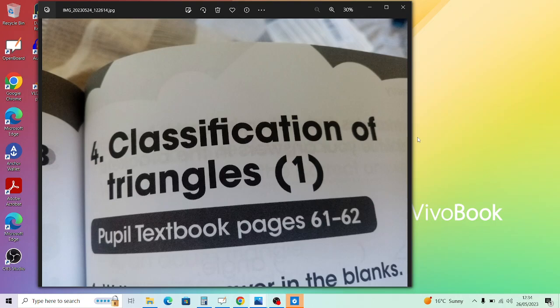And question 3: each of these triangles has one or more angles covered by a rectangular card. Make a choice, write the letter of the correct answer in the brackets. The triangle is what? So let's try and work this one out.